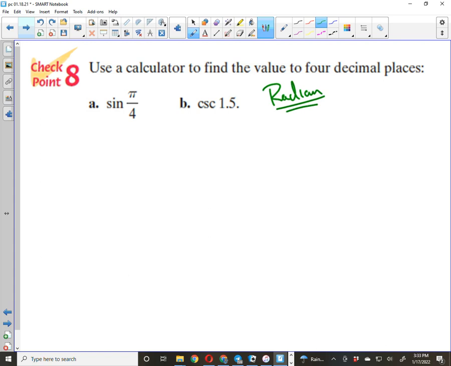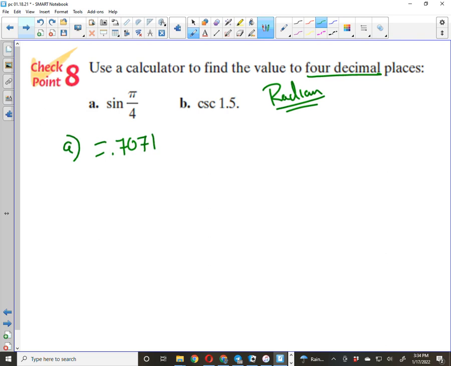So on your calculator, if you find the mode button, you can go down and make sure that your calculator is highlighted in radian mode. Okay, and then you simply hit sine, and then pi divided by 4. And when you plug that in, you're going to end up with, it says 4 decimal places, 0.7071. That's for part A.